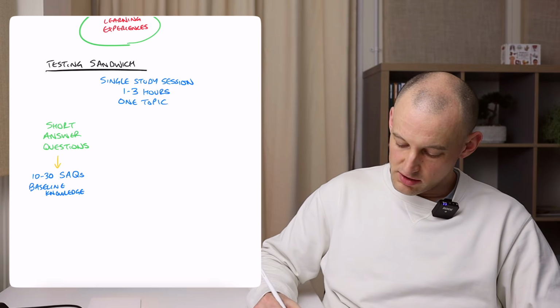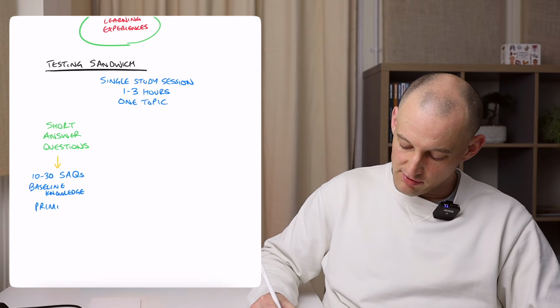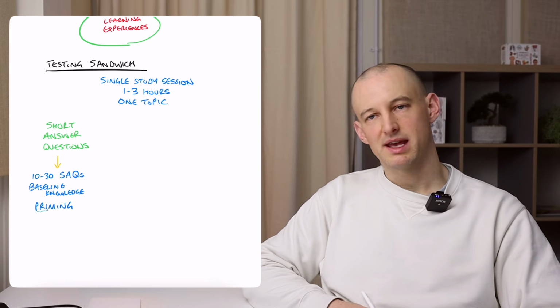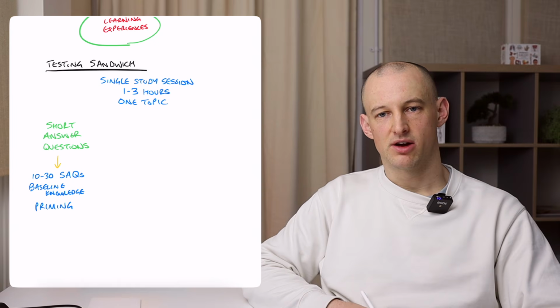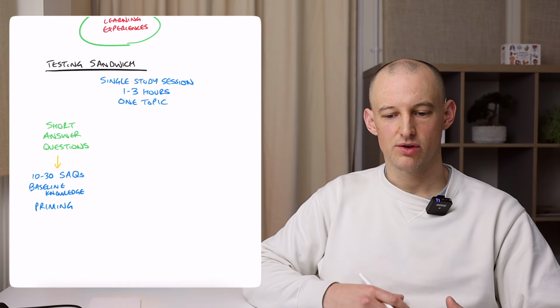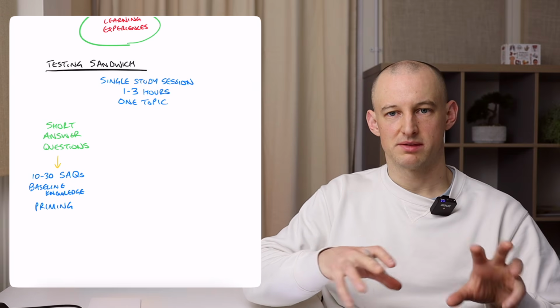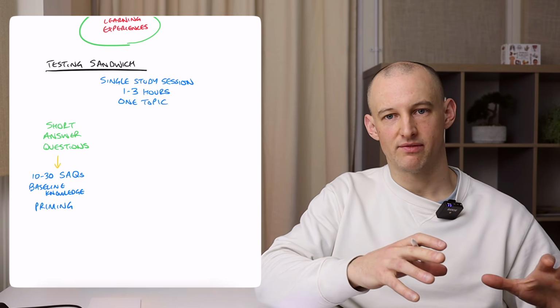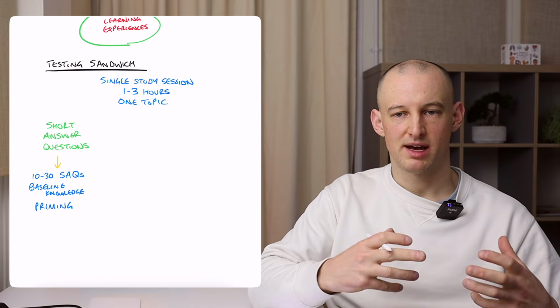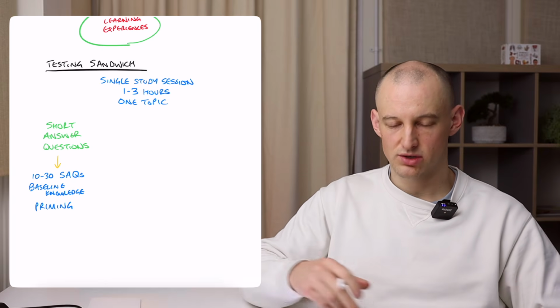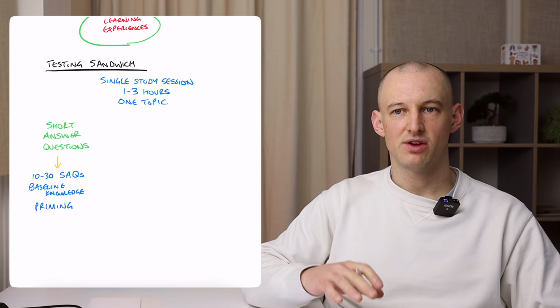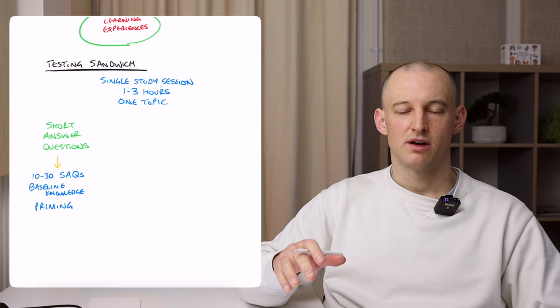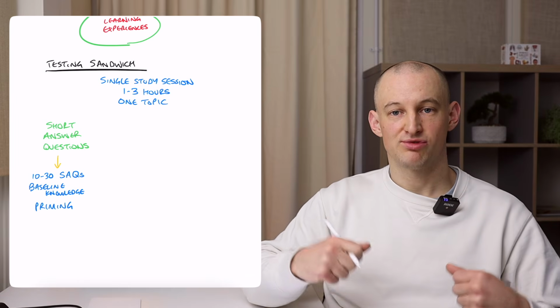And the other useful thing about this is priming. So priming is the idea in psychology where if you kind of touch on some information before you do the kind of big thing, your brain becomes primed to absorb more. So by doing these short answer questions, even if you have no idea what the answers are, what happens is your brain becomes primed.